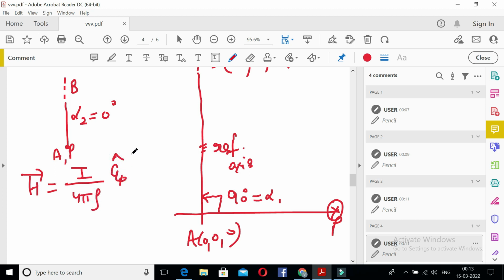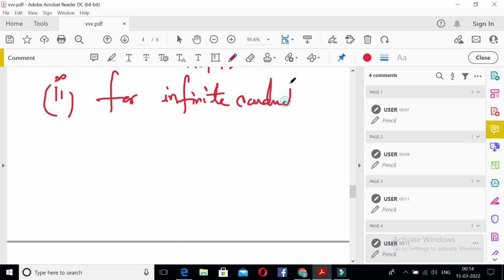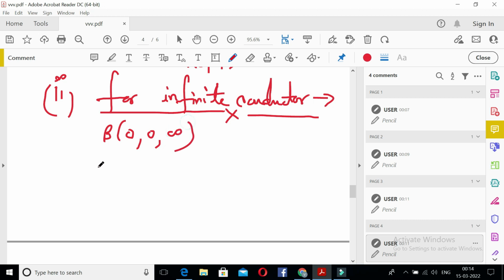The second case is the infinite conductor. For the infinite conductor, both points are at infinity. B point at infinity means 0, 0, infinity. A point also at infinity means 0, 0, minus infinity.